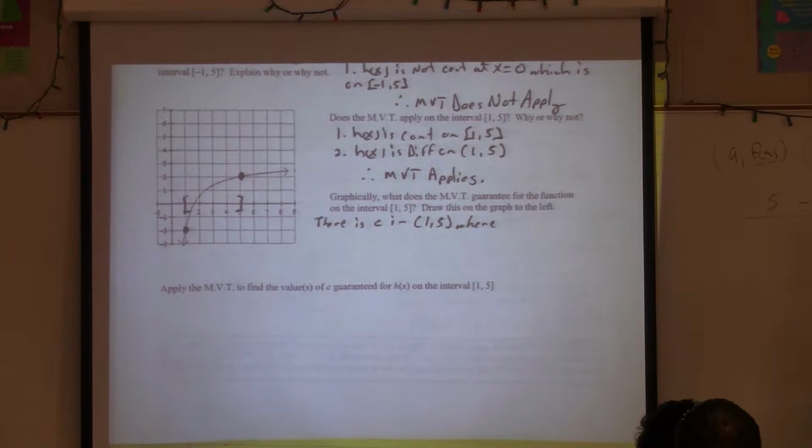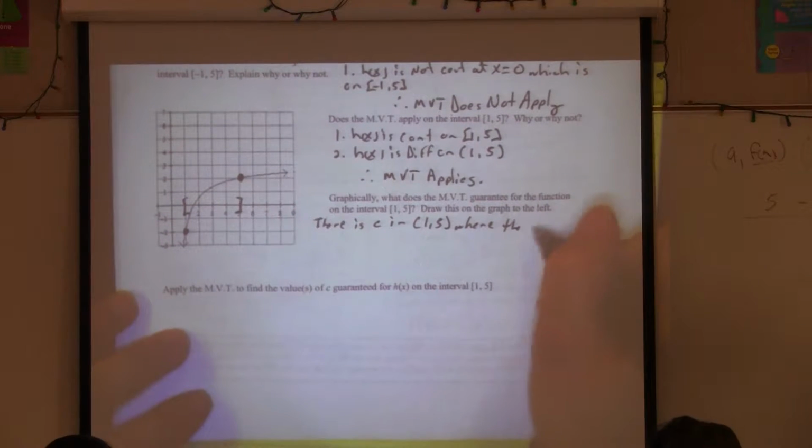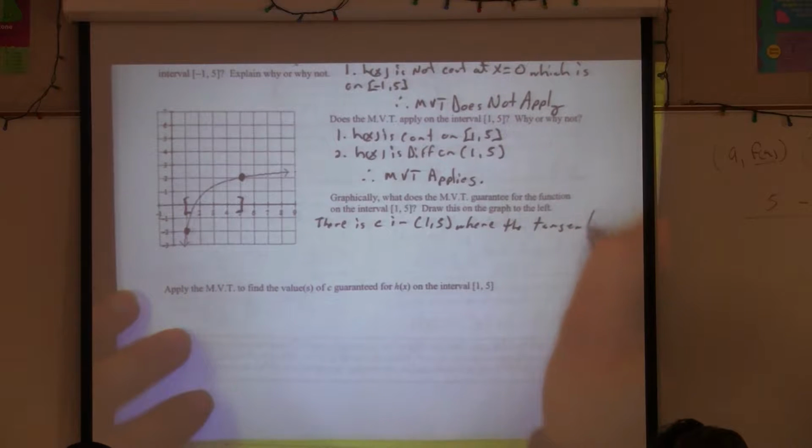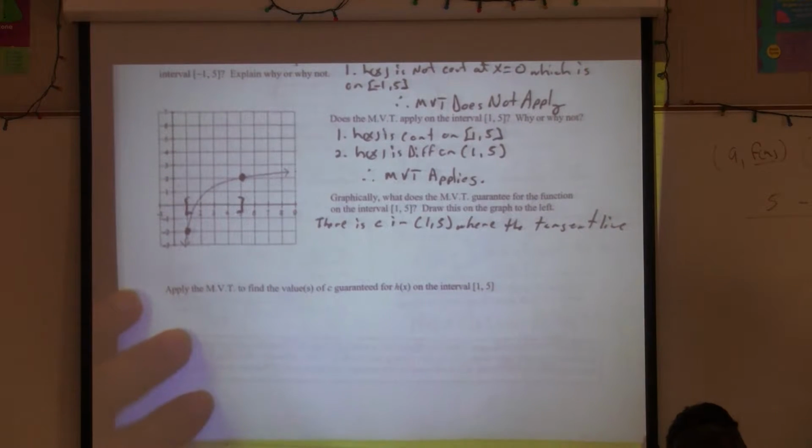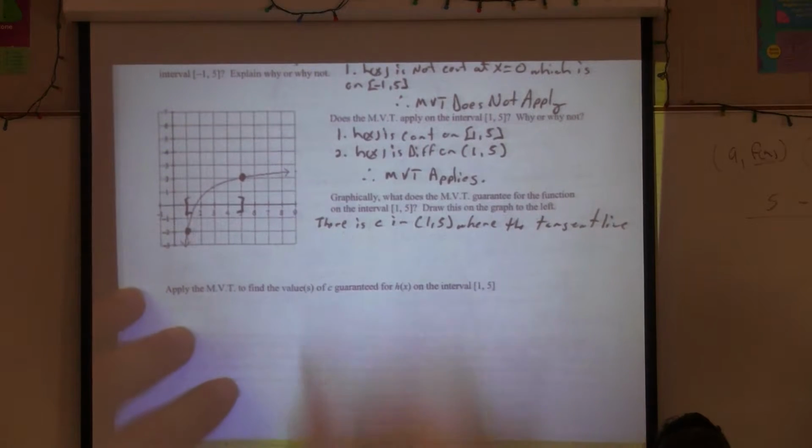Well, let's not use f prime of C, let's use normal words. What does f prime of C represent? The slope of the tangent line. So let's say graphically, this would be where the tangent line is what?